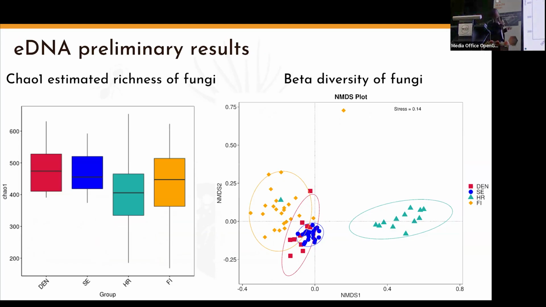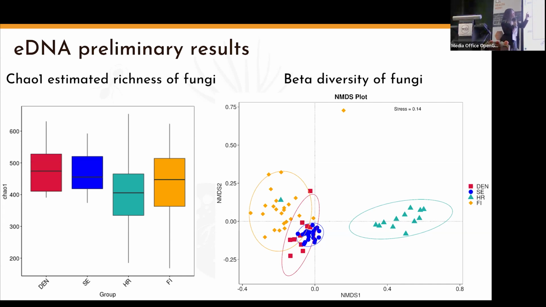For example, here is one of the results that we already have for different countries. The eDNA results come in two categories: first the richness, and second the diversity. Richness is about how many different types of fungi we have. You can see here Denmark, Sweden, Croatia, and Finland.